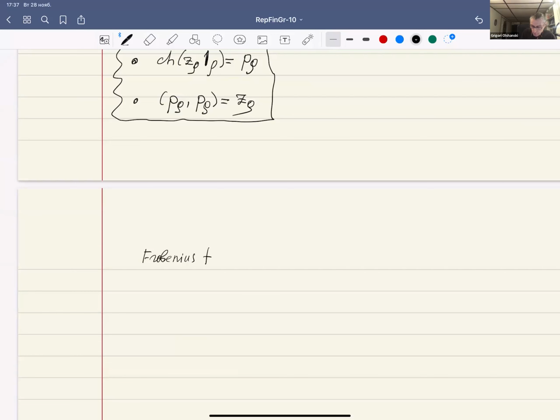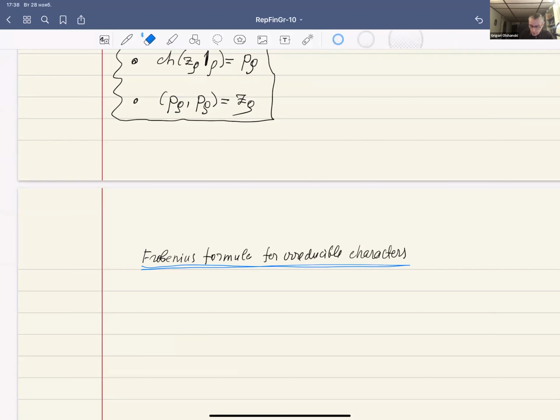This formula for irreducible characters, the result is as follows.